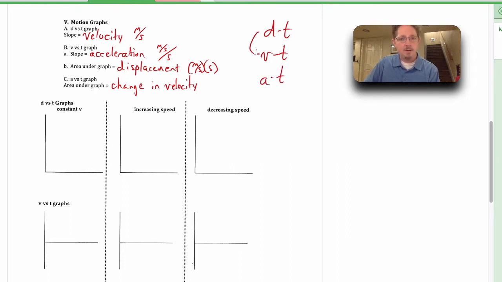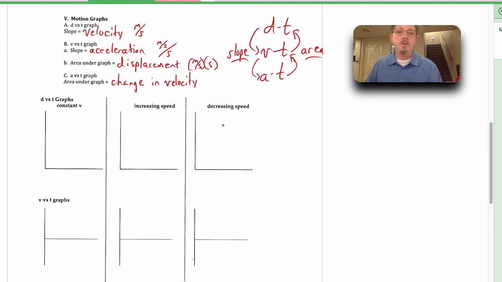To get from displacement to velocity or velocity to acceleration, you need to know that we are taking slope. And to go in reverse, from an acceleration time graph to velocity or velocity time graph to displacement, you need to know that we'll take the area.